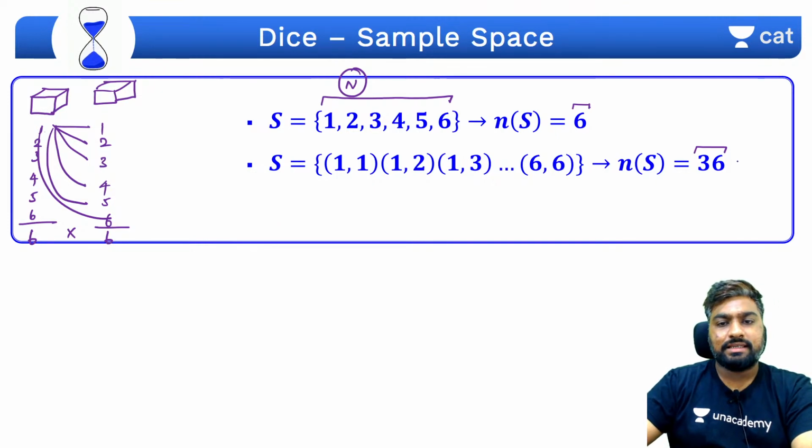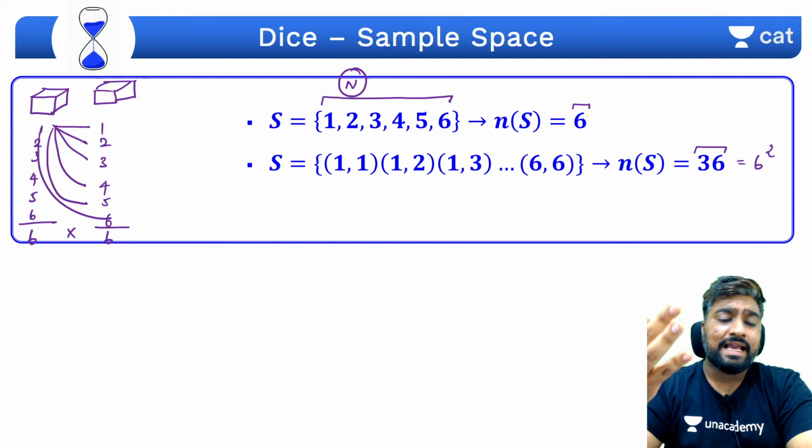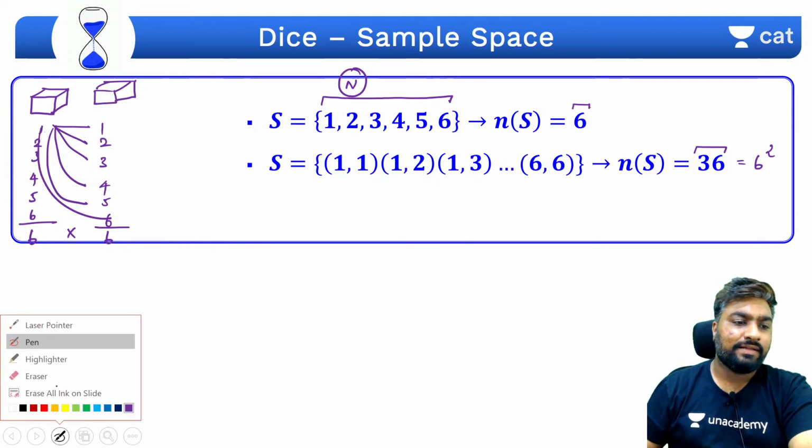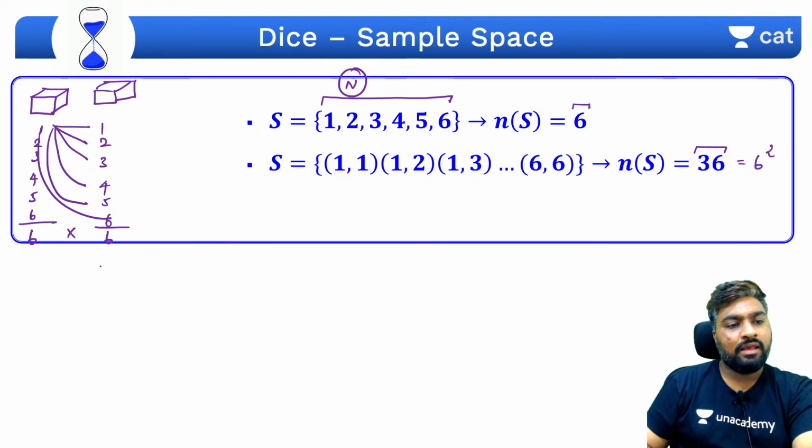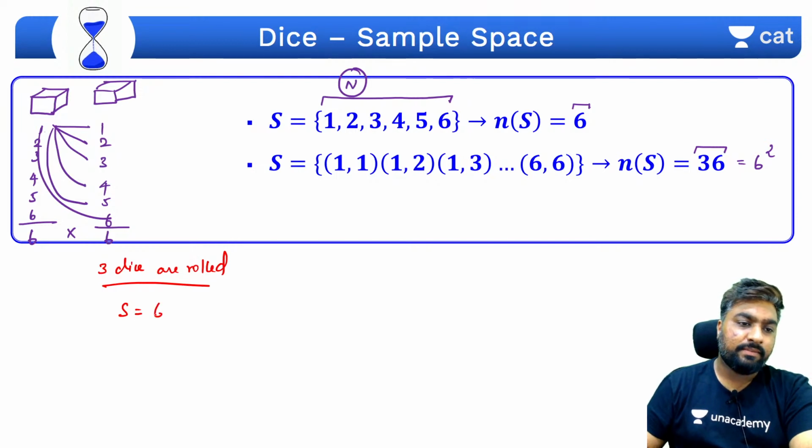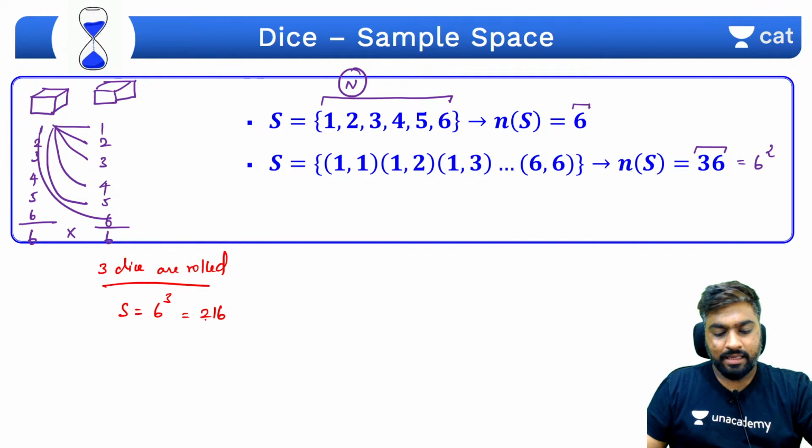So 36 is 6 square. If 3 dice are rolled, what is the sample space then? Sample space will be 6 cube, which is 216.